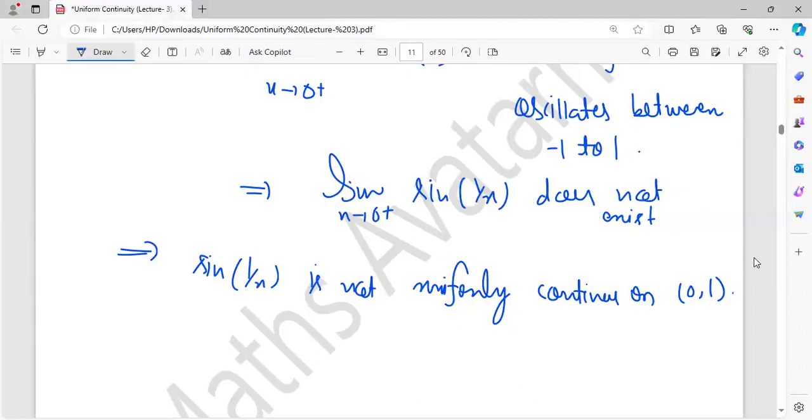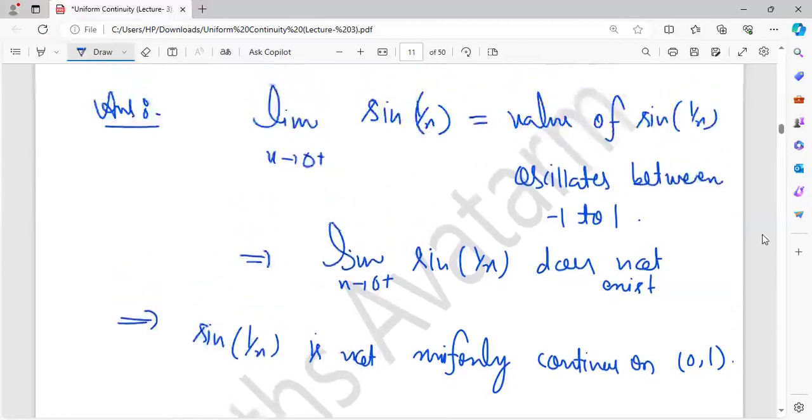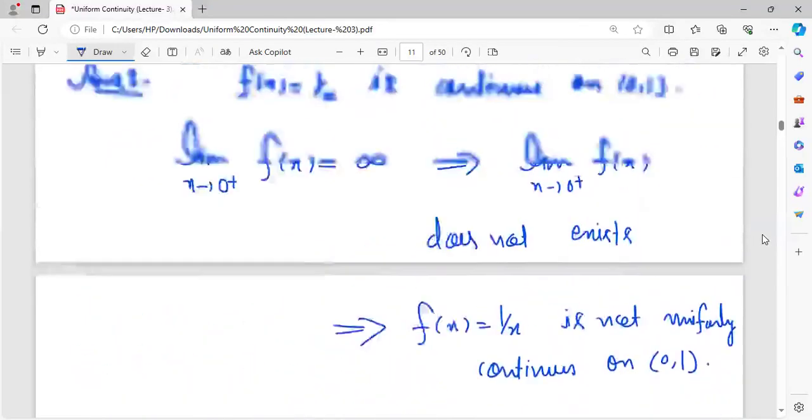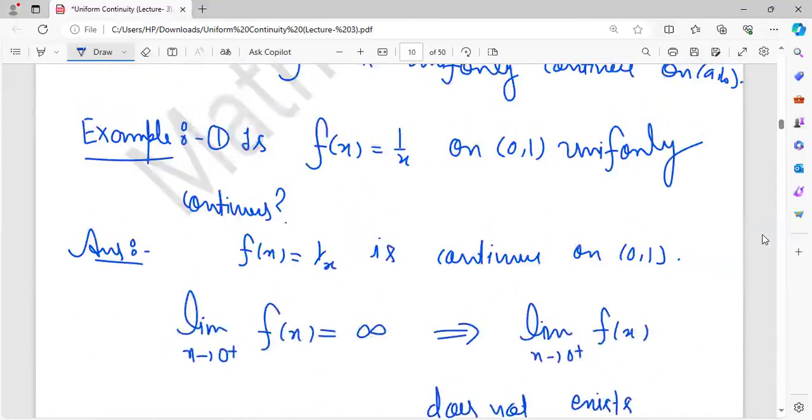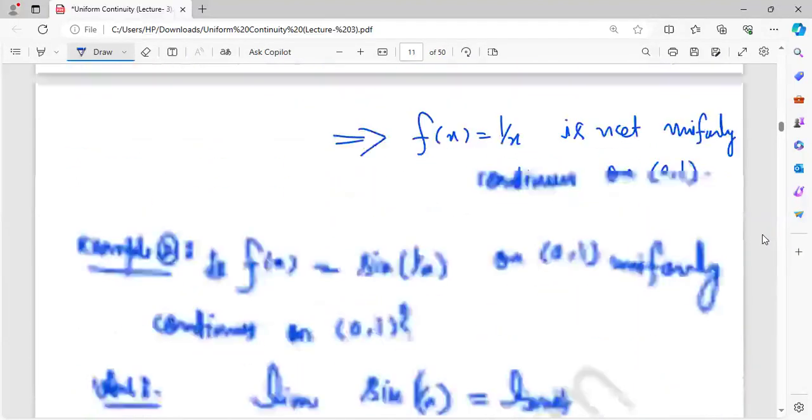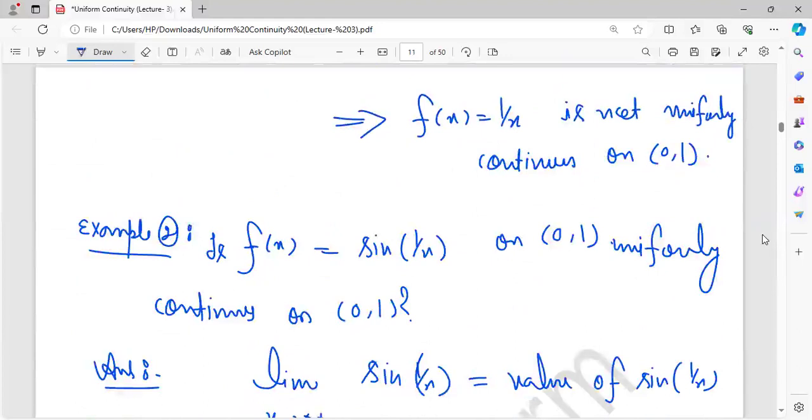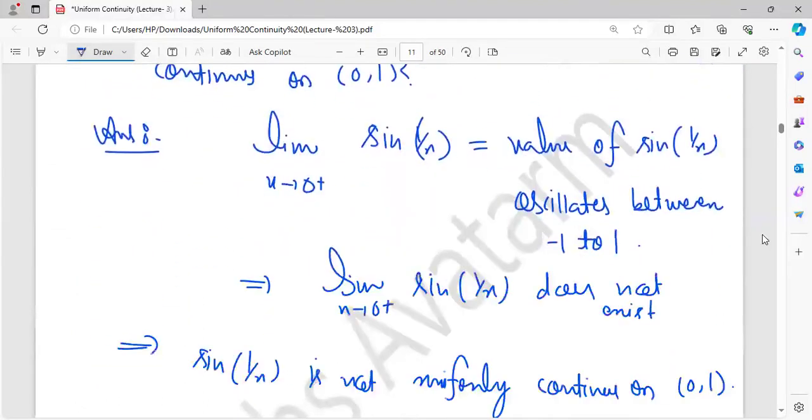By using the first two statements, we have shown that f(x) equal to 1 by x on open interval 0, 1 is not uniformly continuous. Similarly, sine 1 by x on open interval 0, 1 is not uniformly continuous.